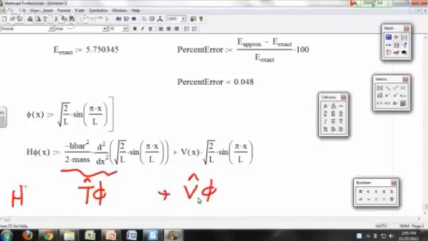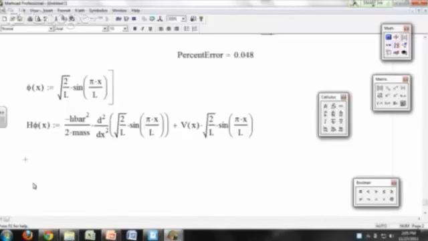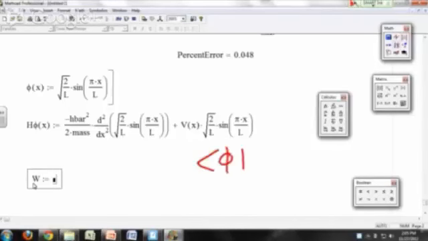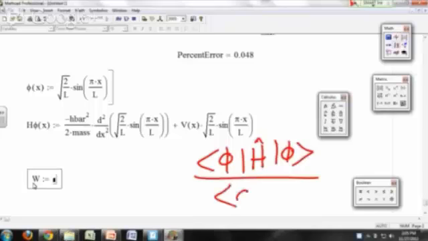So this is h hat operating on phi. We're using the actual Hamiltonian for our perturbed system. So if we do that, how do we calculate the variational energy? W is going to be equal to, what was it? It's going to be this integral right here, phi h hat phi, divided by phi phi. That's what you need when you do your variational calculation. So let's put that in.